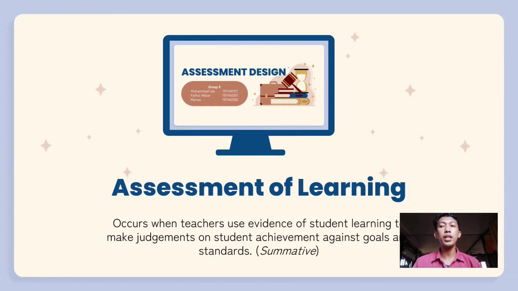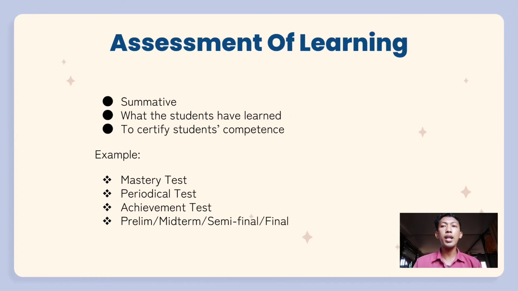Assessment of learning usually occurs when teachers use evidence of student learning to make judgments on student achievement against goals and standards, or summative. There are several points of this assessment of learning.